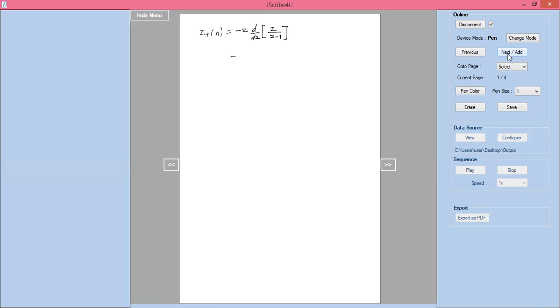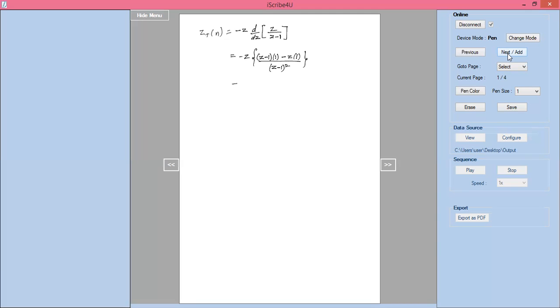Now I'll write minus Z into d by dz of Z by Z minus 1, which is Z minus 1 whole square in the denominator; numerator is V, Z minus 1, into differentiation of Z, which is 1, minus Z into differentiation of Z minus 1, which is 1.